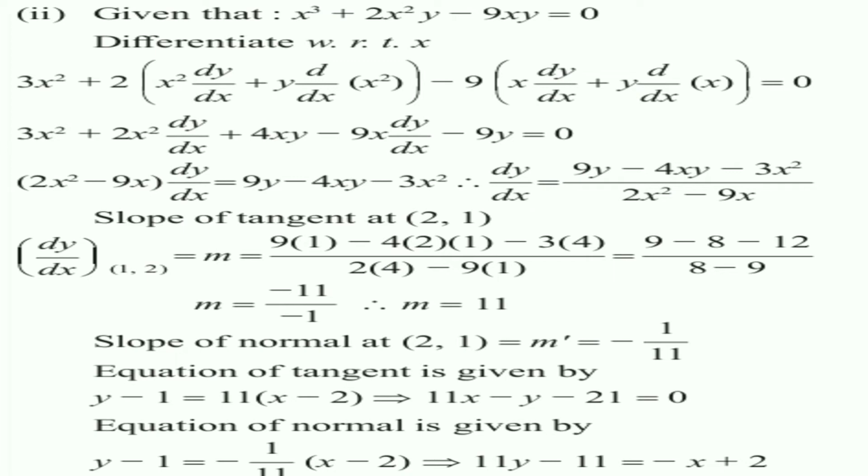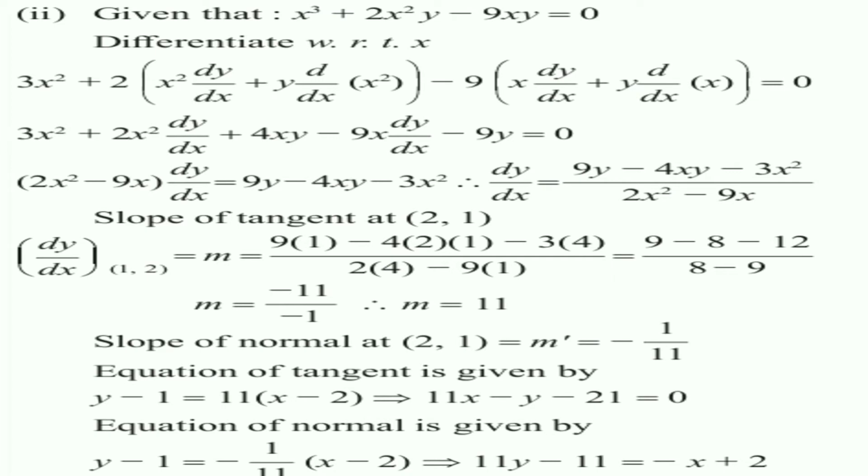Now take dy by dx common. Therefore, (2x square minus 9x) into dy by dx equals 9y minus 4xy minus 3x square. Therefore, dy by dx equals (9y minus 4xy minus 3x square) divided by (2x square minus 9x).